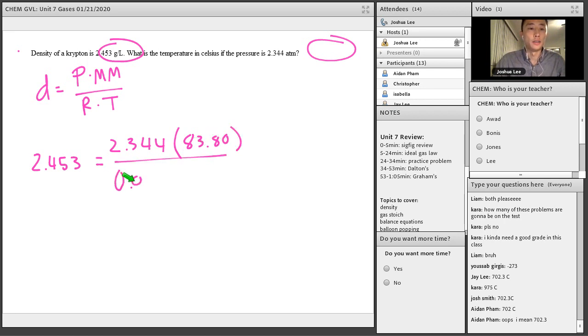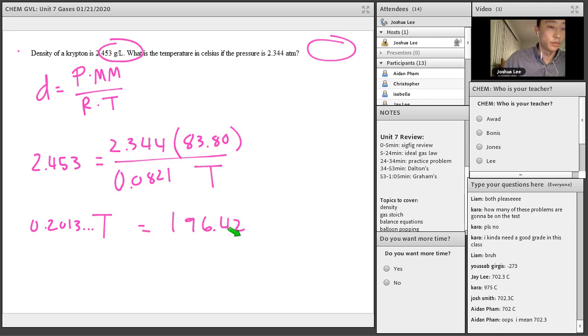R is 0.0821, and you're solving for T. Depending on what you did, most of you probably would cross multiply, so you got 2.453 times 0.0821, 0.2013 dot dot dot. T equals 2.344 times 83.8, 196.4272.